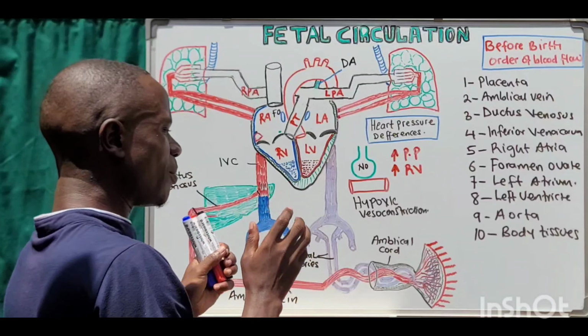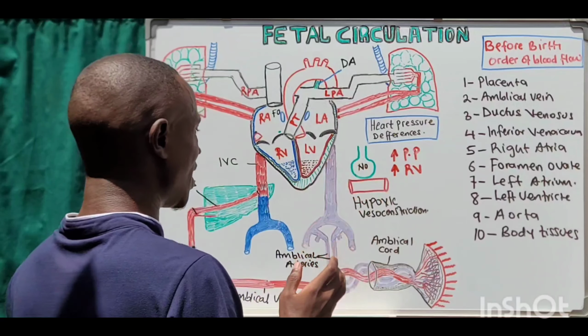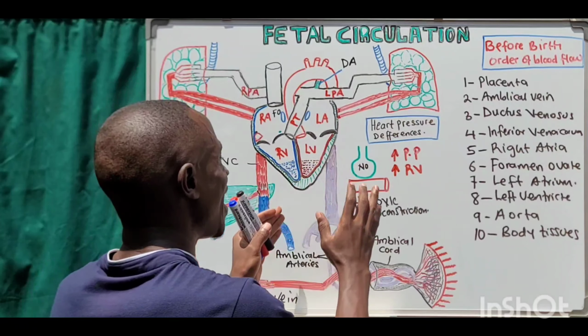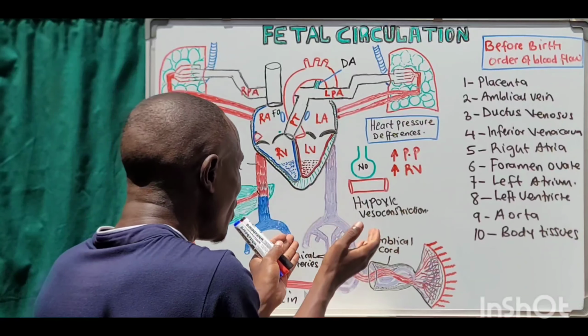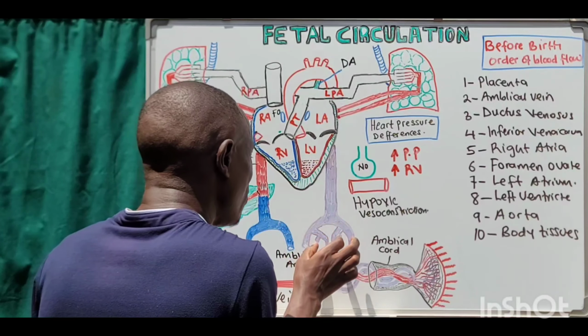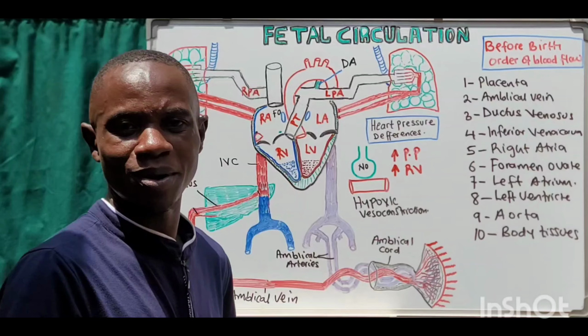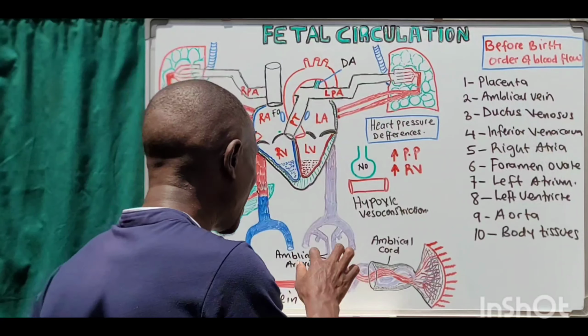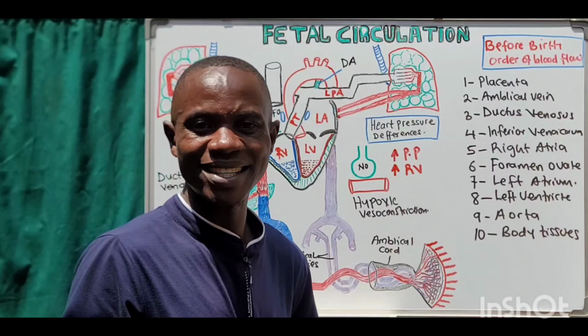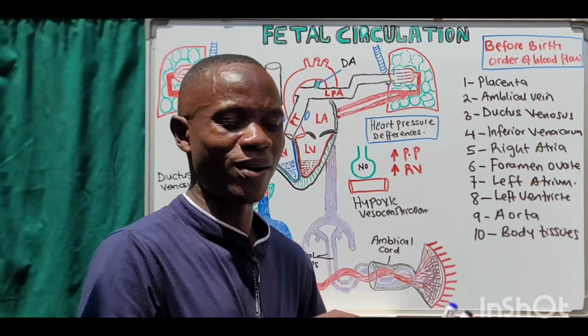Now something which is so much beautiful is that the blood from the entire body tissues is now going to be collected into these beautiful arteries that are going to be coming off from what we call the internal iliac arteries. And these arteries are what we call the umbilical arteries.